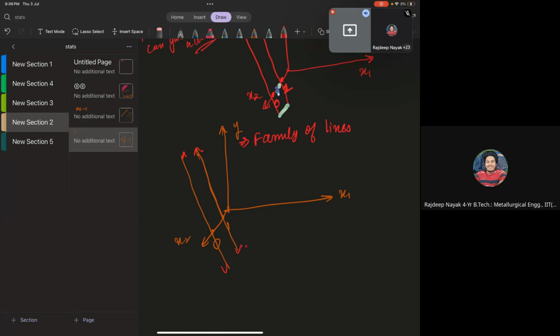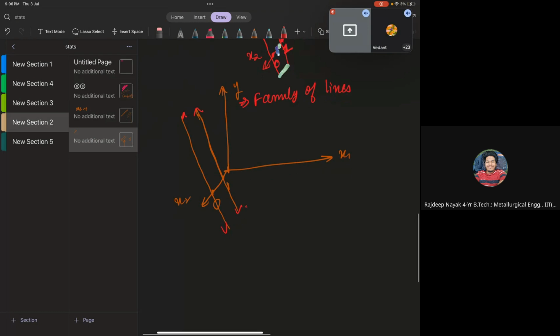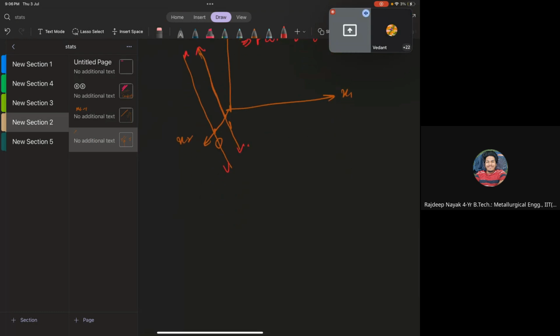So is it a family of lines? Yes or no, everyone? Two lines make up a family. Okay. Right? You need more people in a family. I think it's more than enough for it to be called a family, right? Yes. Understood? So it is not always a plane, guys.